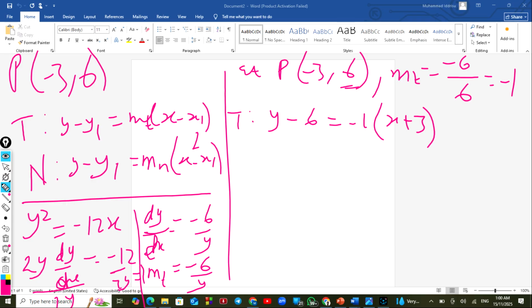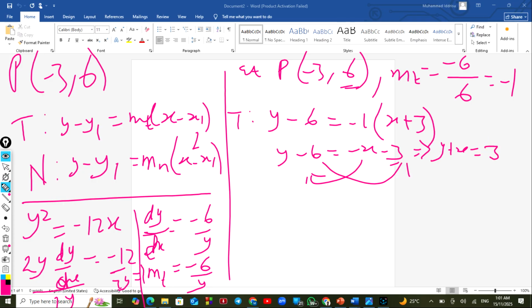So we have y minus 6 is equal to negative x minus 3. So I'm bringing the x here: y plus x is equal to negative 3 plus 6, which is positive 3. So this is the equation of the tangent.